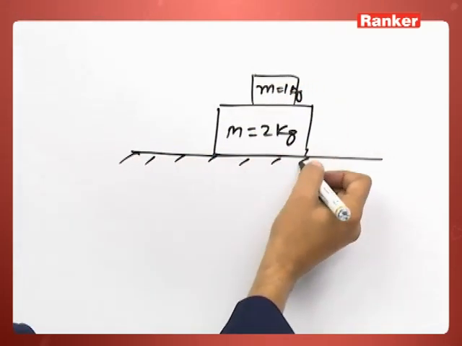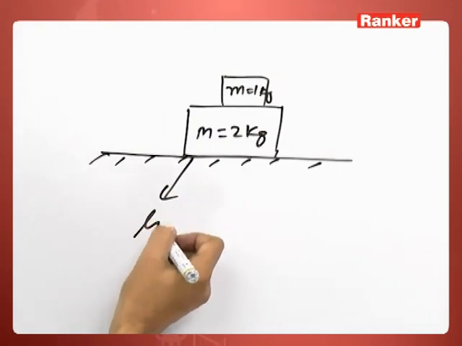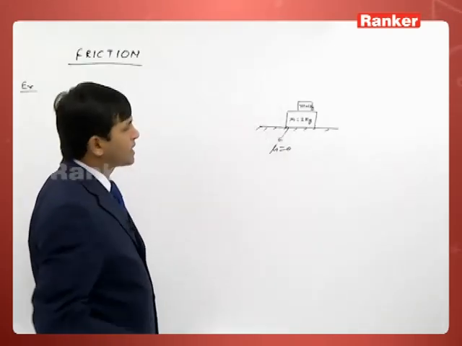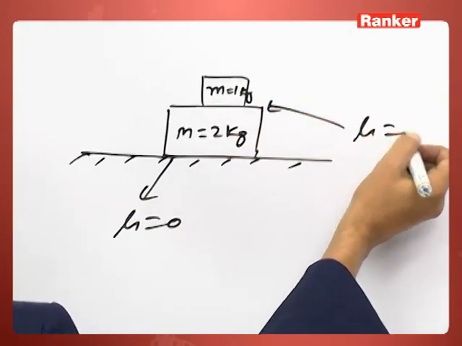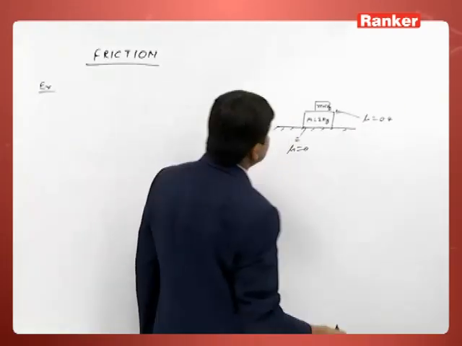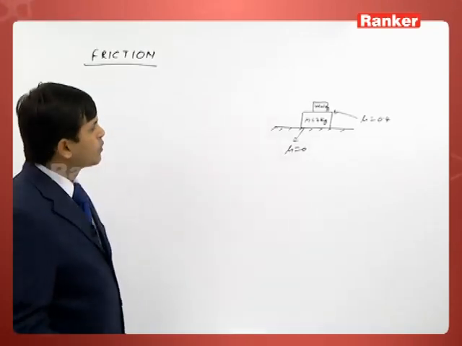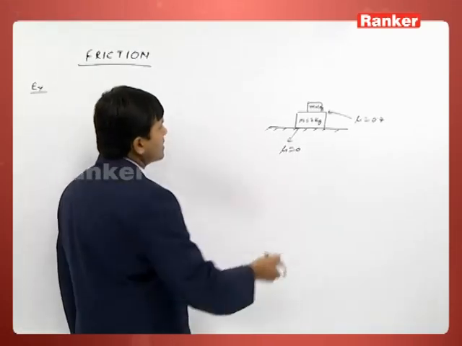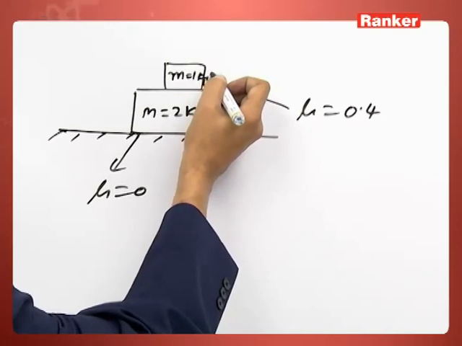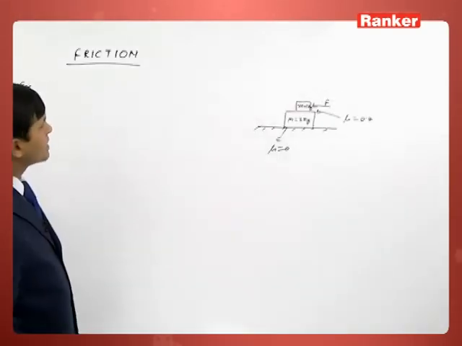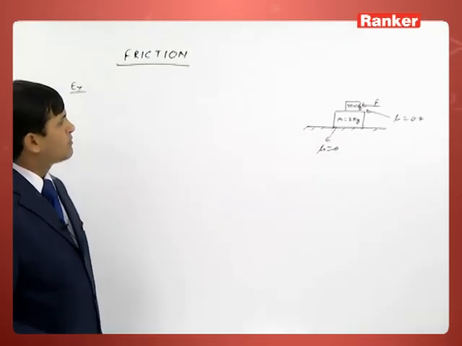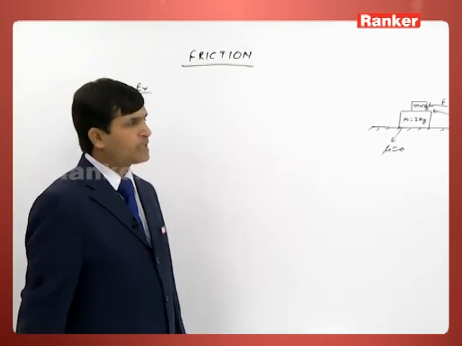Suppose there is no friction between the lower block and the ground, and there is a friction mu of 0.4 between the two blocks. If we apply a horizontal force F, what is the maximum value of F so that both blocks move together?